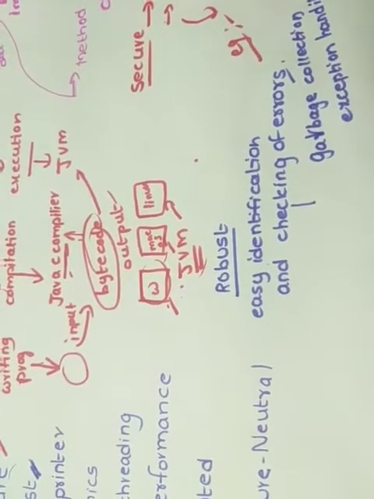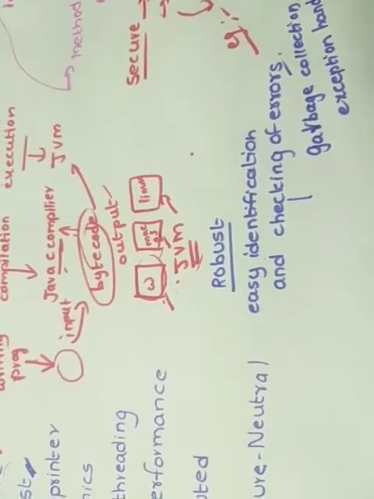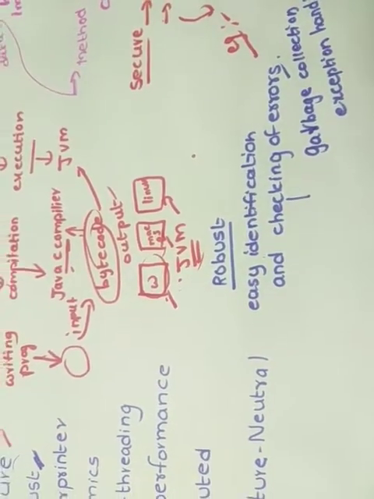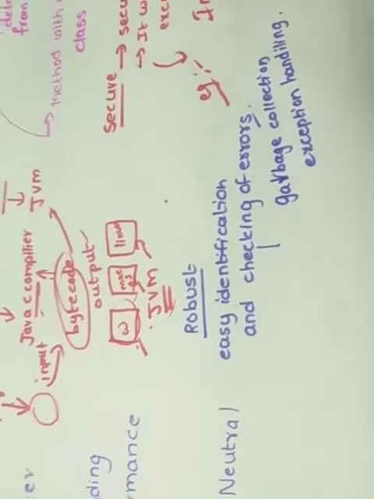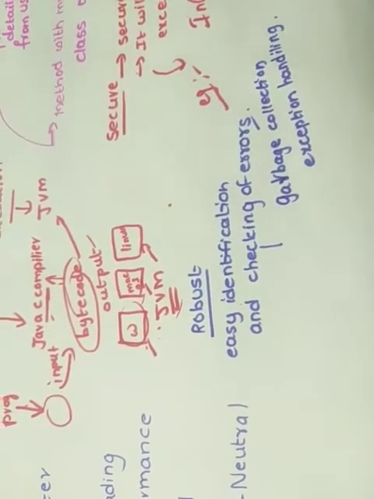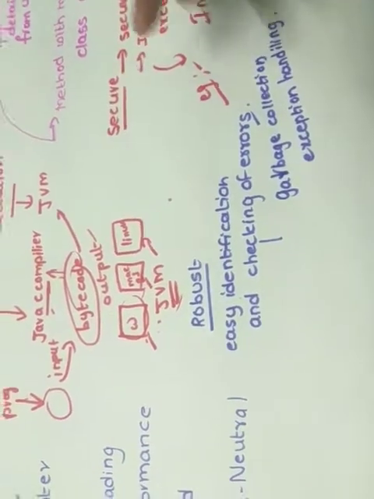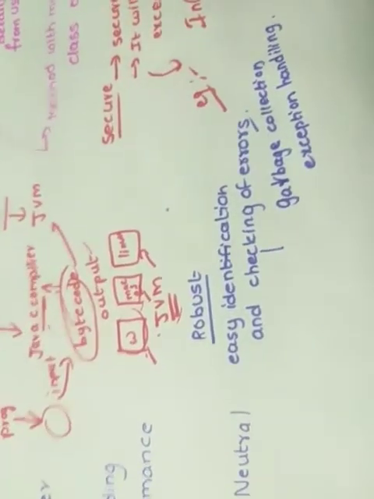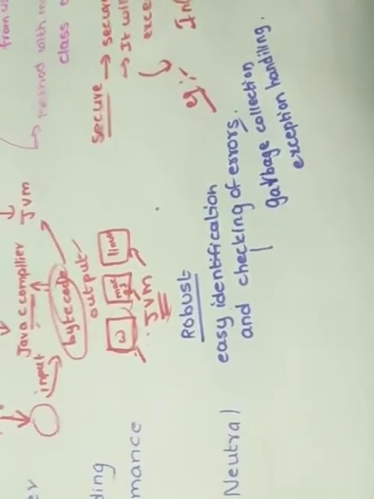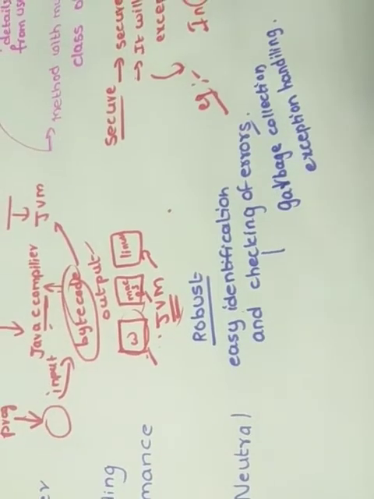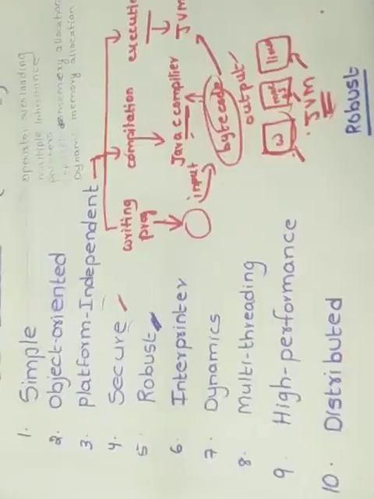Whenever an error occurs, if we implement exception handling, then an exception will be raised. That means early checking of errors will be there in Java. So Java is robust.